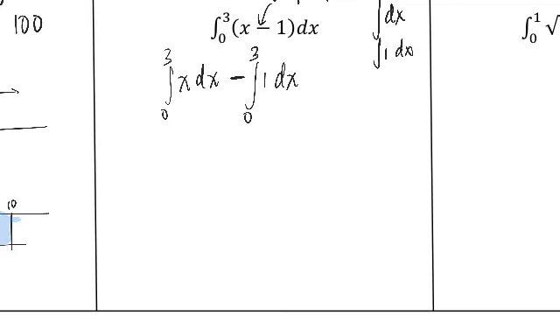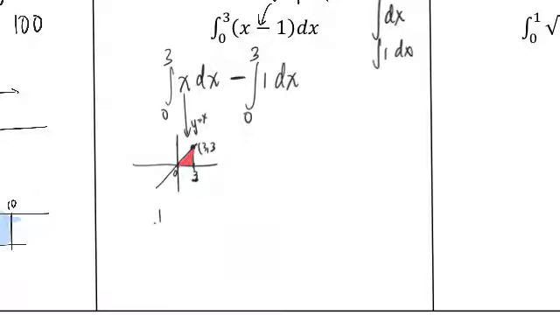So now the integral from 0 to 3 of x dx, we're going to think of that as a shape. It's a y equals x function here, and I'm going from 0 to 3. So if x is equal to 3, then this point here is 3, 3, and I have this little triangle. This is the area that that definite integral represents.